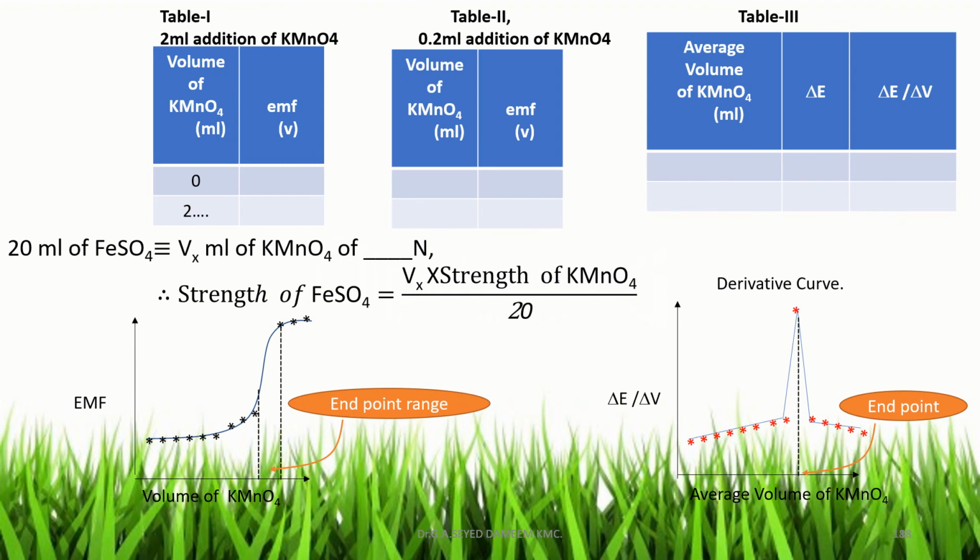The nature of the graph is given, and there is no graph for table 2, but from table 3 another graph is drawn. That graph is called the derivative curve. It gives a peak, and the volume corresponding to the peak is the endpoint. These are about potentiometric titration between given ferrous sulfate and the standard titrant.